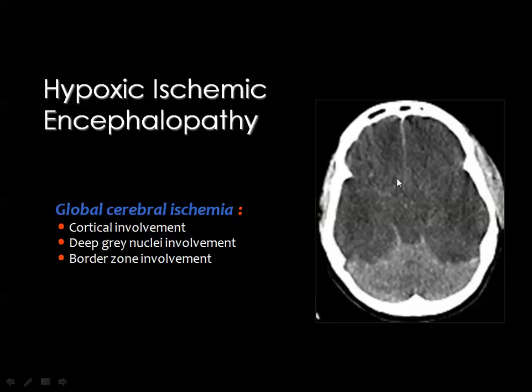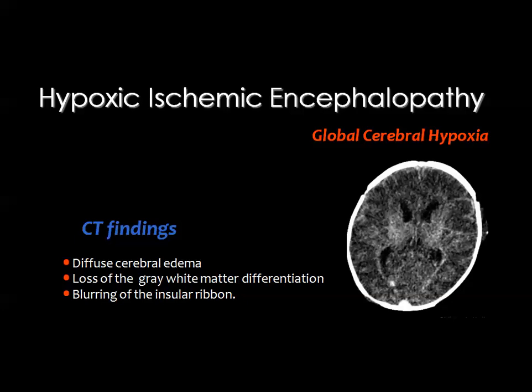There may be sparing of the basal ganglia, and commonly there is a sparing of the cerebellum, and this sign is referred to as the white cerebellar sign or the reversal sign.